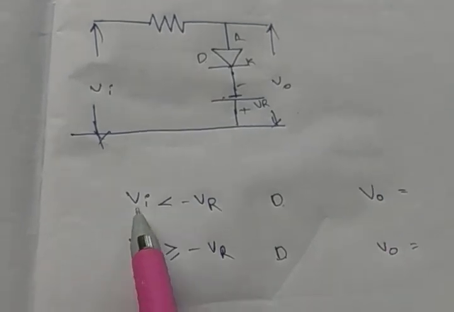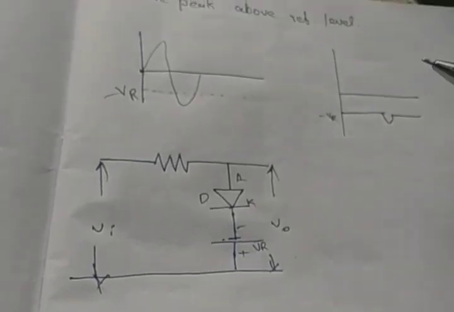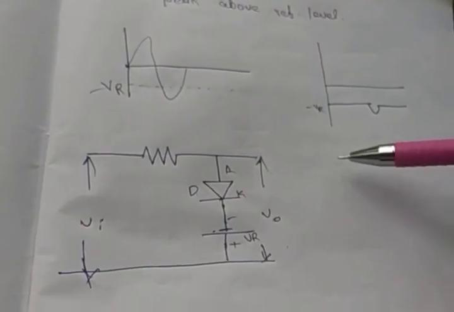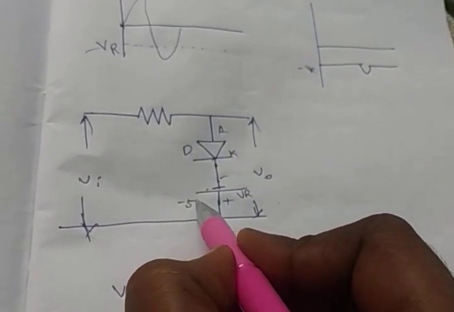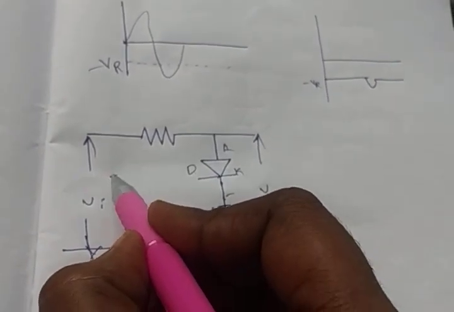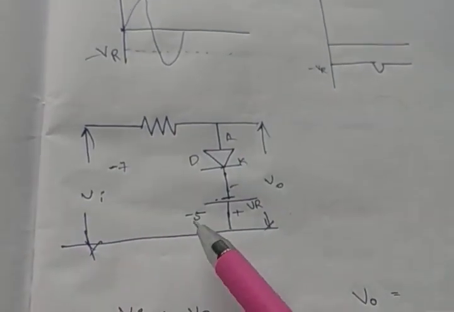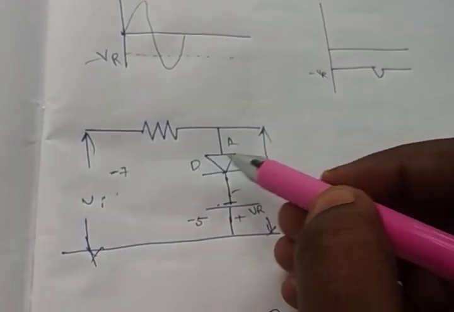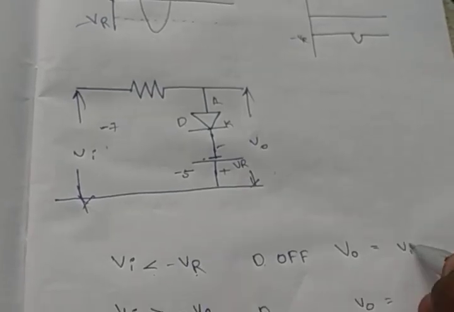For Vi less than minus VR conditions, that means lesser values than this, for example, this is minus 5, and a lesser value is minus 7. So which is more negative? It has more negative, no? So the diode should be in off state, then the output will be equal to the input.